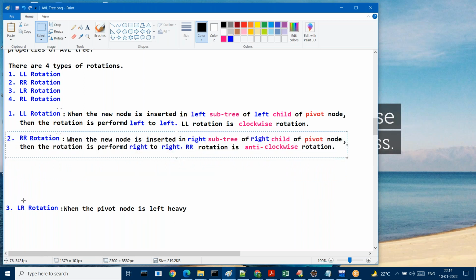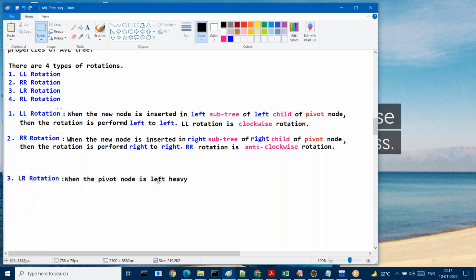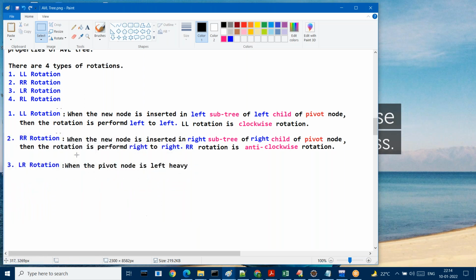Next, sir, AVL rotation. So when the pivot node is not anymore left heavy. You don't want to take that left heavy, right heavy, forget about it. So when the new node is inserted, listen, in the right subtree of, now it will be a combination.